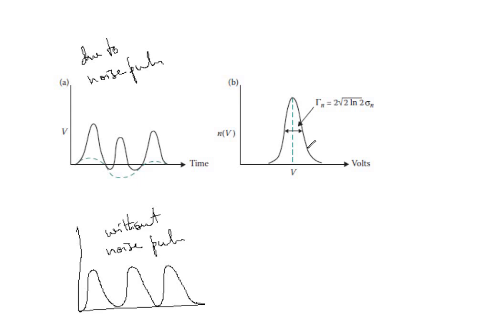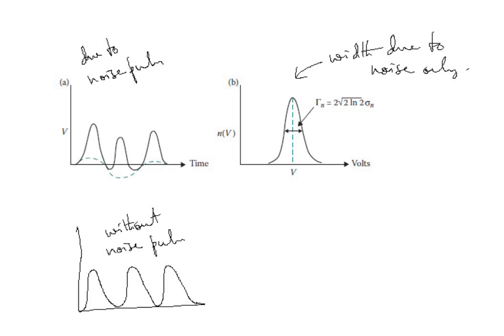So here we have a Gaussian distribution centered at voltage V, which has a width equal to this value. Now remember that this width gamma n is due to the noise only, and it has got nothing to do with the statistical effects on the detector. So this is width due to noise only.